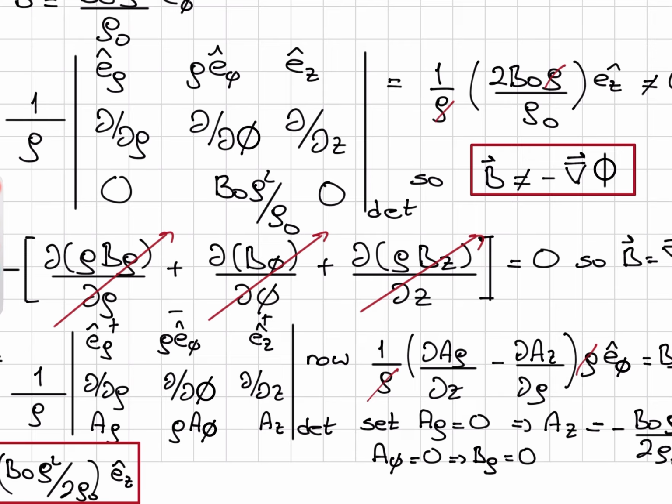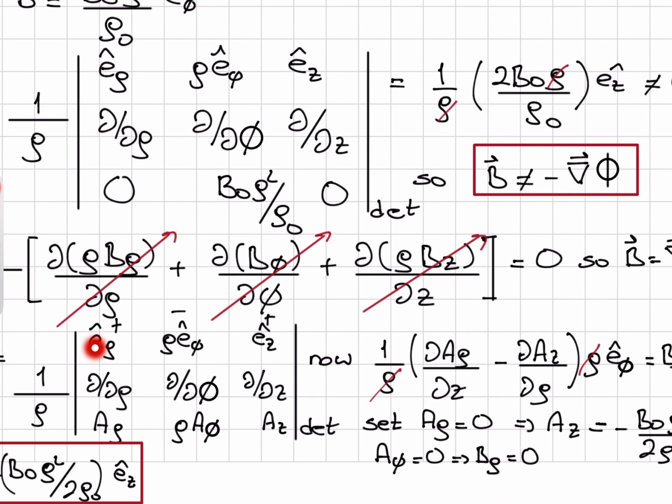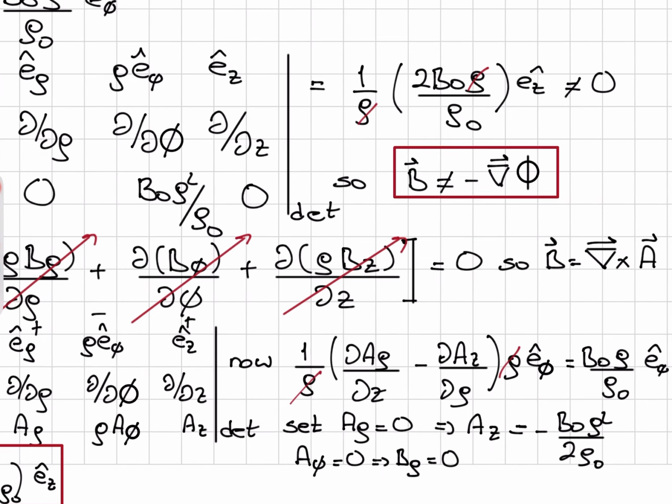On the other hand, if I look at the phi component, del rho of Az, that phi component is this equation, and for the z component, del rho of rho A phi, when A phi is 0, this is 0. Del phi of A rho is 0 because I have set A rho to 0, and that would give me no z component. So this would also guarantee that Bz is equal to 0.